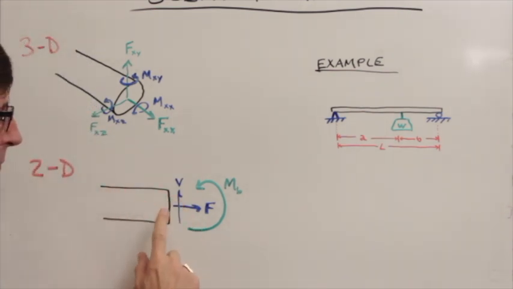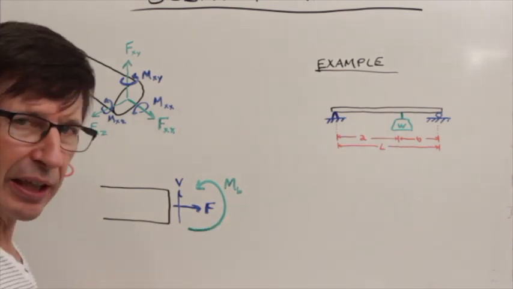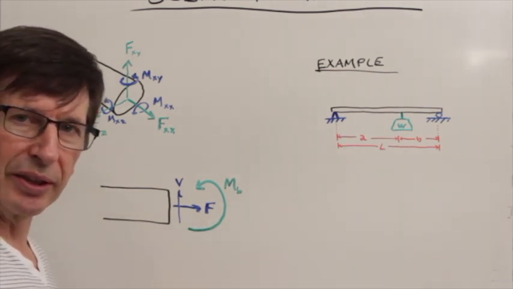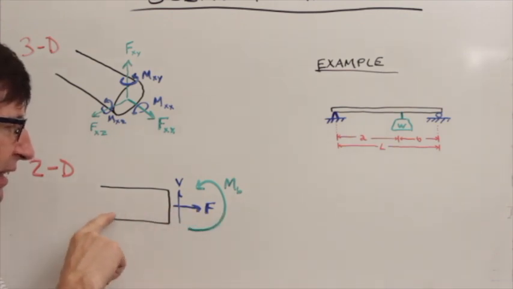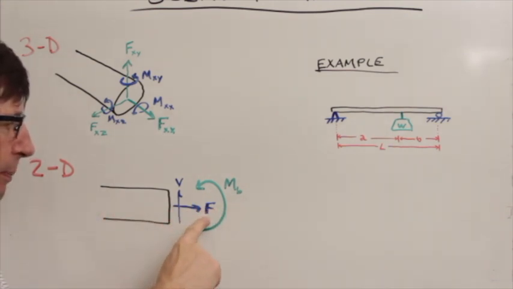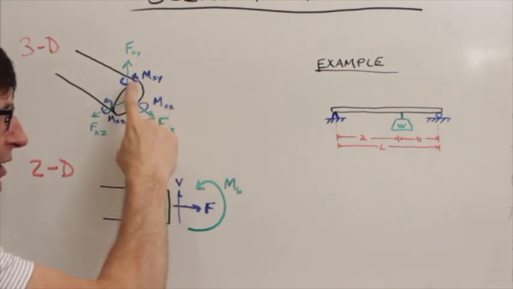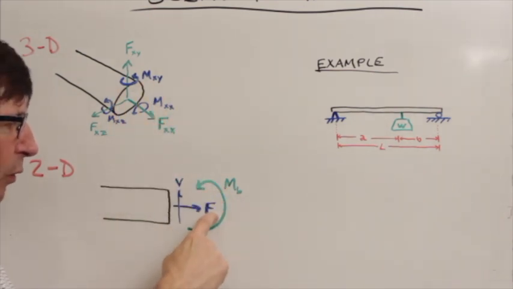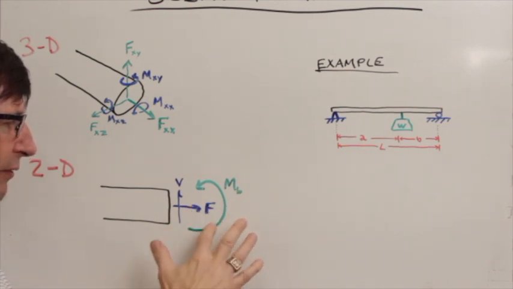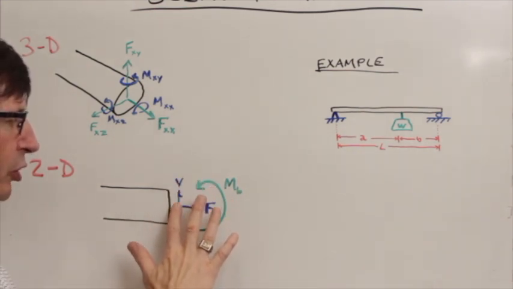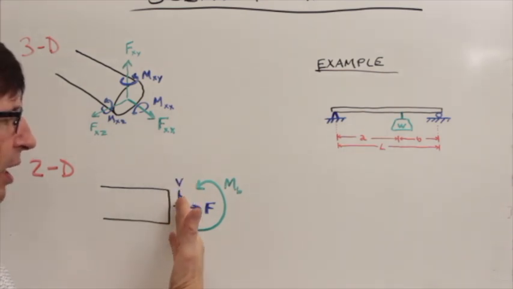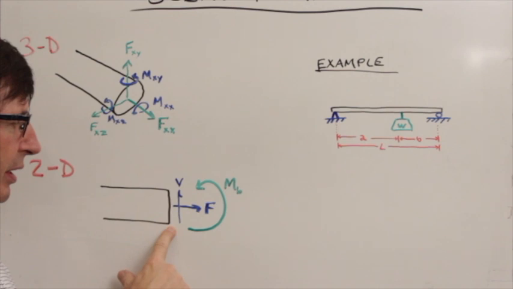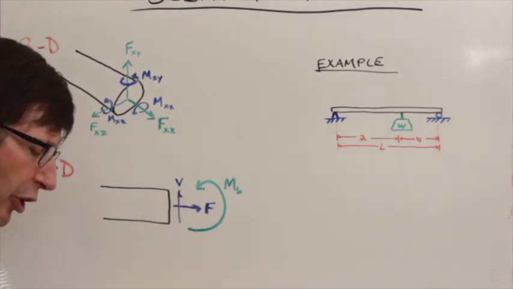Instead of worrying about the subscripts, since we only have 2 forces in 2D, the force along the axis down the length of the slender member is Fxx in our 3D case. We could call this force sub x, but we're just going to leave the subscript off.